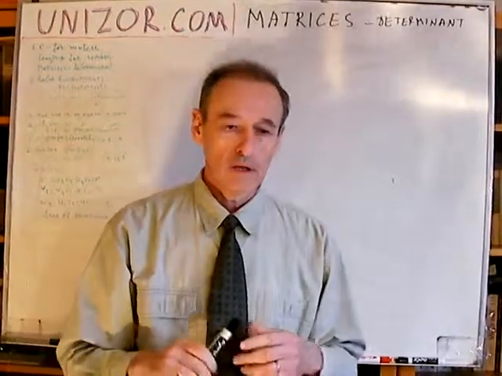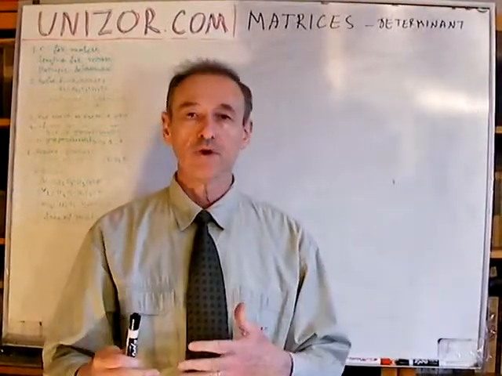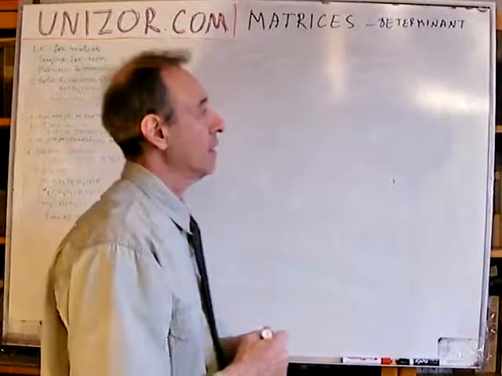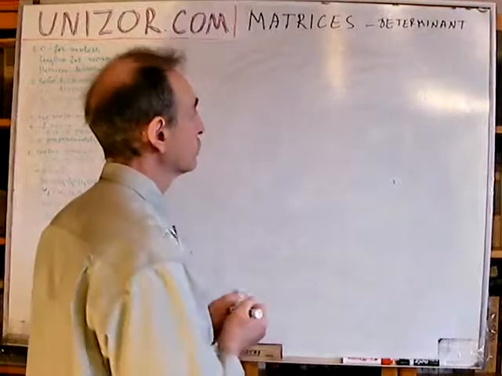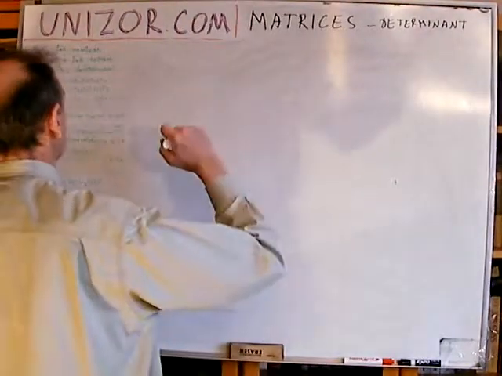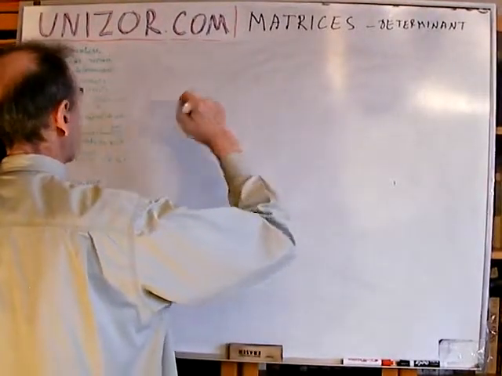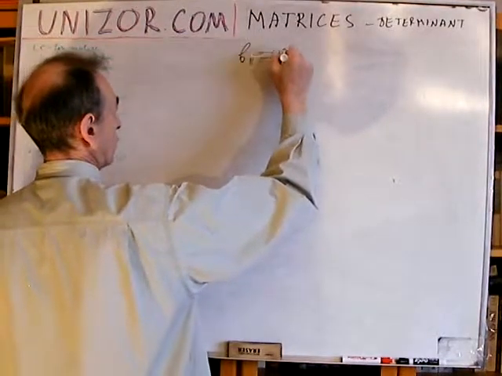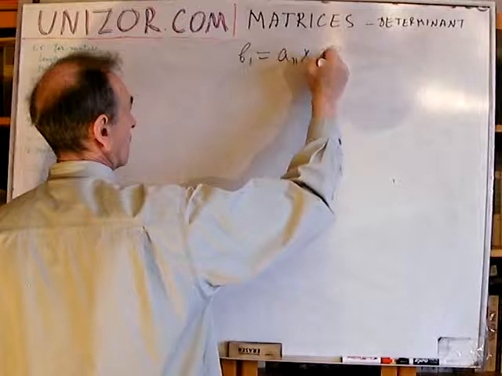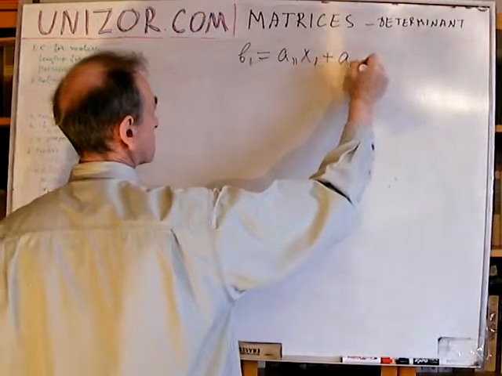Now, this is philosophy. Now let's go to algebra. And we are talking about matrices of the 2 by 2 size. So let's talk about a system of 2 equations. You have already seen it when I introduced the matrices.